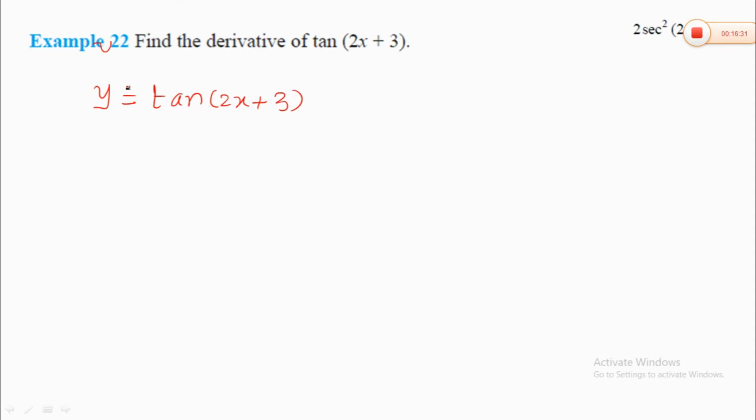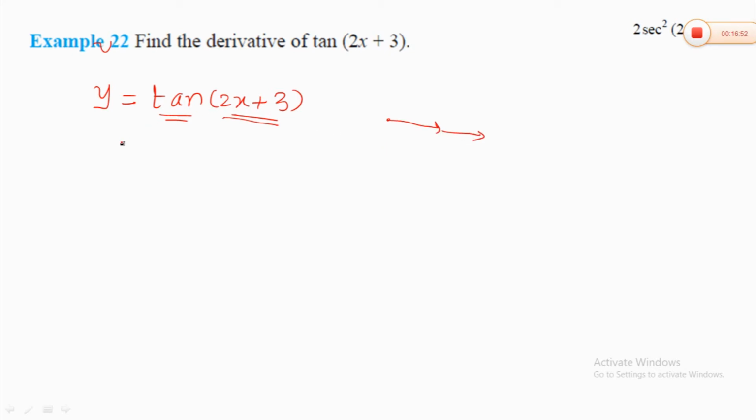Here the function y is tan of 2x plus 3, that is, 2x plus 3 is inside the tan. As I told, the hierarchy of finding the derivative is from left to right.